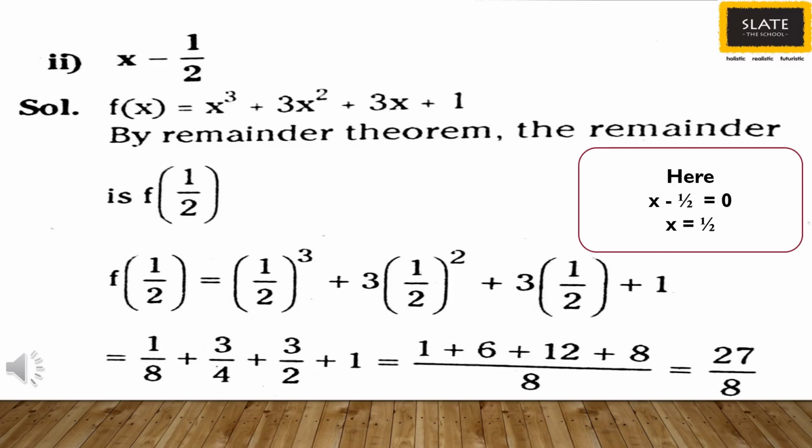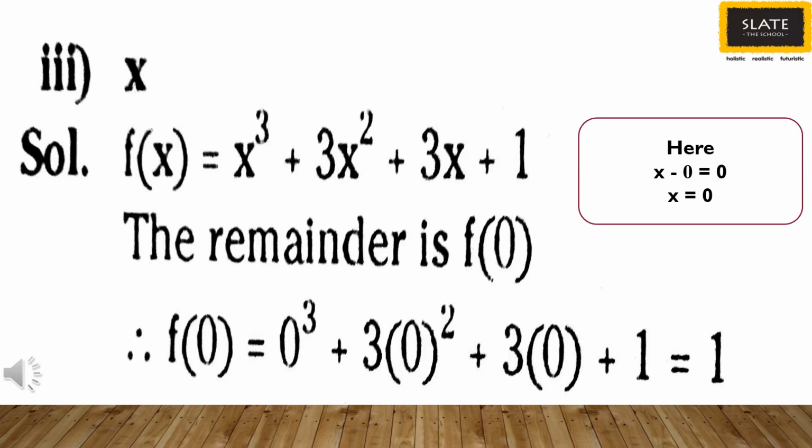So, the numerators will be 1 plus 6 plus 12 plus 8. 1 plus 6 plus 12 plus 8 is 27 and denominator 8. Therefore, f of half is 27 by 8. Therefore, the remainder when f of x is divided by x minus half is 27 by 8.